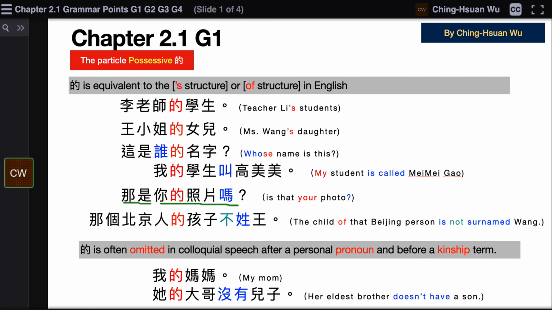Next, 那个北京人的孩子, that Beijing person's child. Here in English you could use "of".